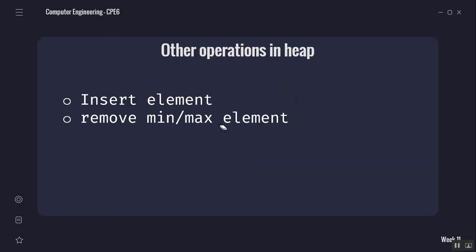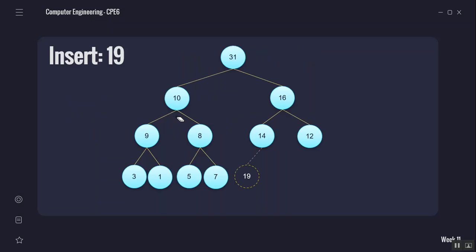Now, for the other operations of a heap, we have insert element and remove min or max element. There are several other operations in a heap, but these two are the most commonly used when dealing with heaps. Now, suppose we have to insert 19 on a complete binary tree. Since this is a complete binary tree, we need to follow the process of inserting an element while following its property or type.